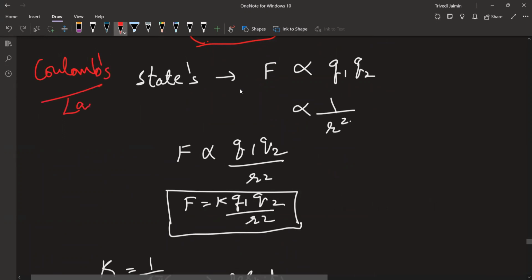Coulomb's law states that force is directly proportional to Q1 Q2, the product of charges, and inversely proportional to the square of the distance between those 2 charges.